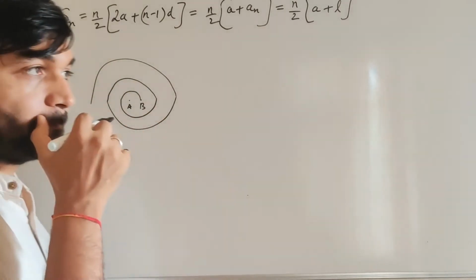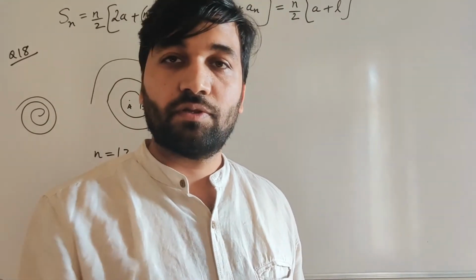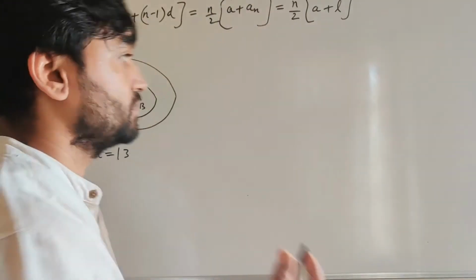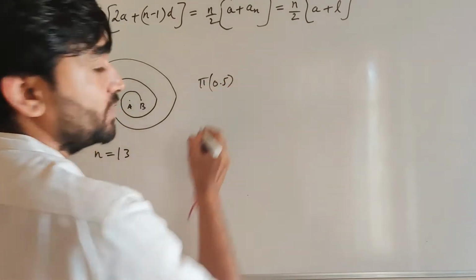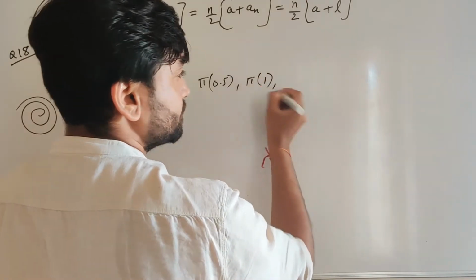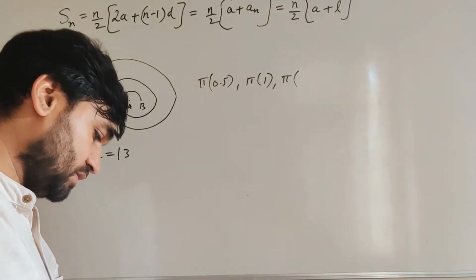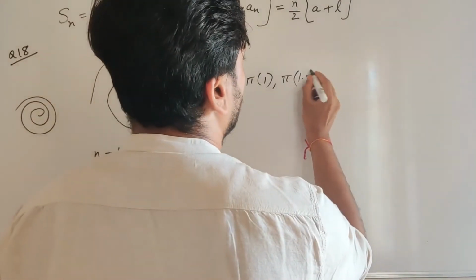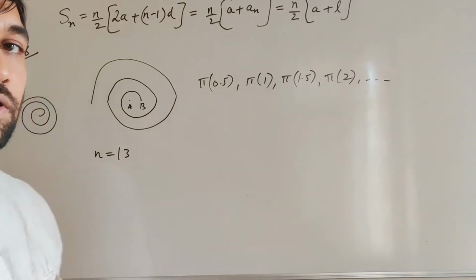Let us say your first circumference is like pi r1, second one is pi r2. So pi r1, so r1 is 0.5 centimeter. Second one, pi r2. Third one, the radius is 1.5 centimeter, and so on, pi into 2. So that's how you form an AP here.